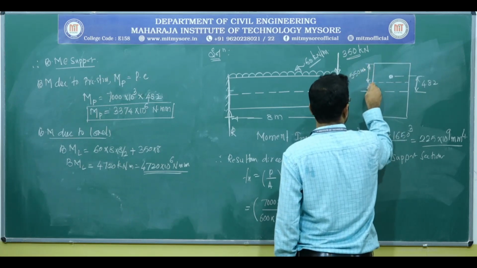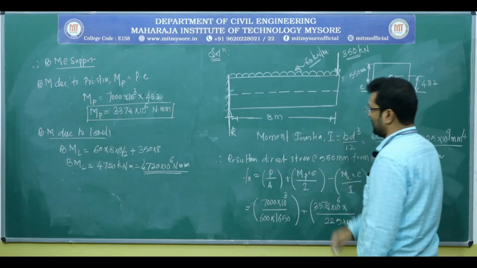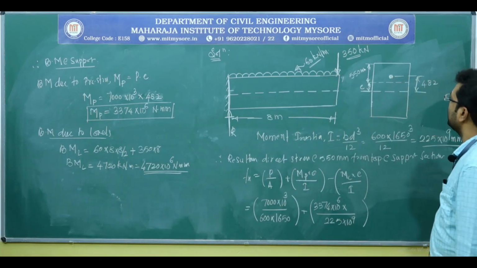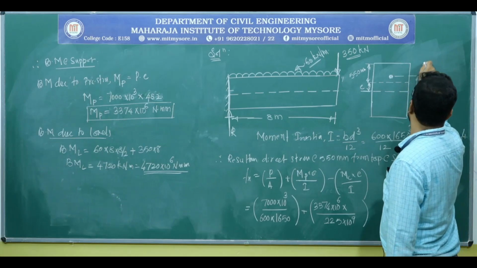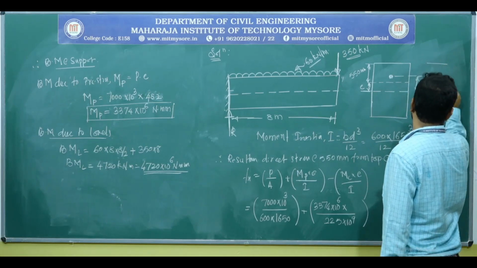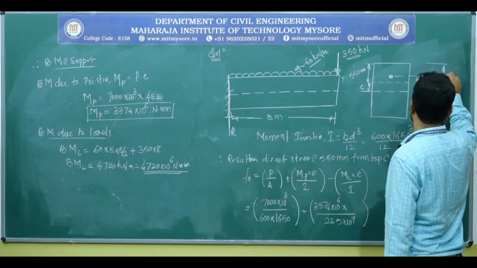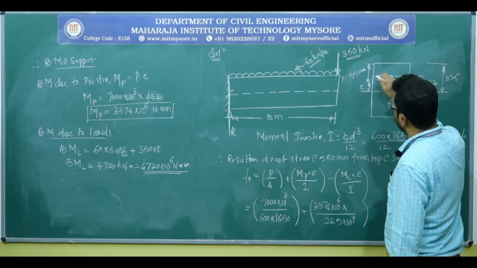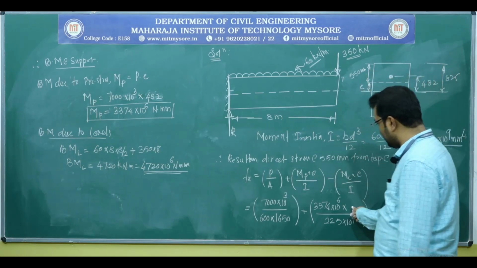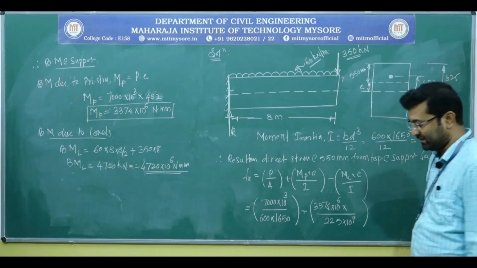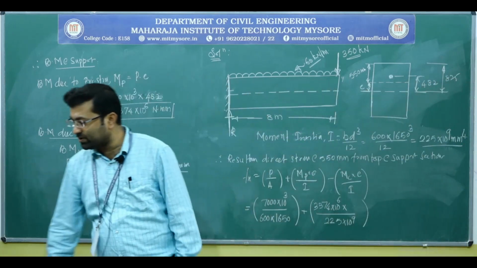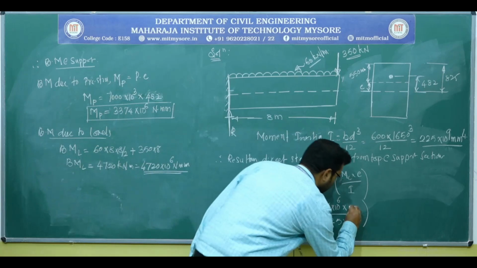So this will be the eccentricity for this calculation. The total is about 825, so 825 minus 550 will be the eccentricity here, that is about 275 millimeter.